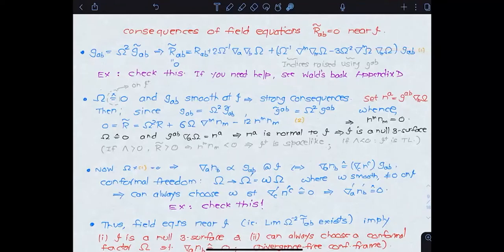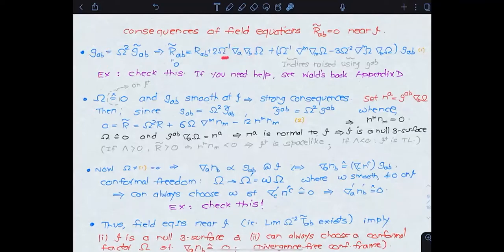You can check that the physical Ricci tensor is related to the Ricci tensor of the conformal metric by this particular formula, with the Ricci tensor of the conformal metric plus terms with omega to the minus 1, grad A grad B omega. Everything which is not tilde is well defined at scri, because the metric g is well defined at scri.